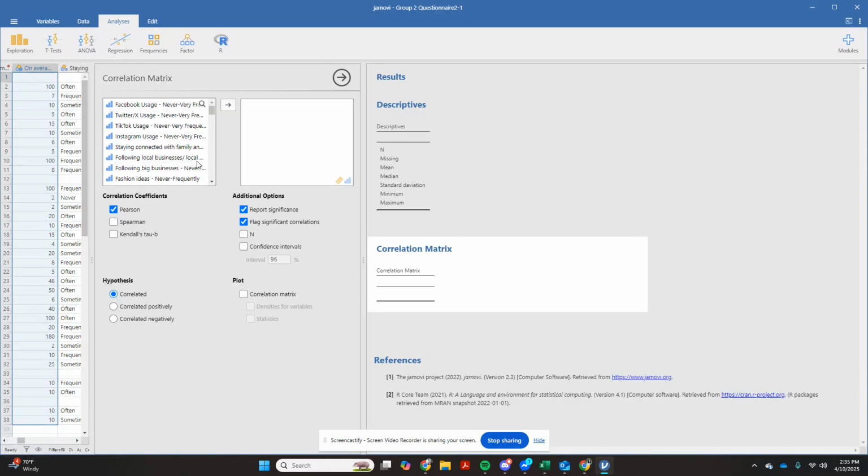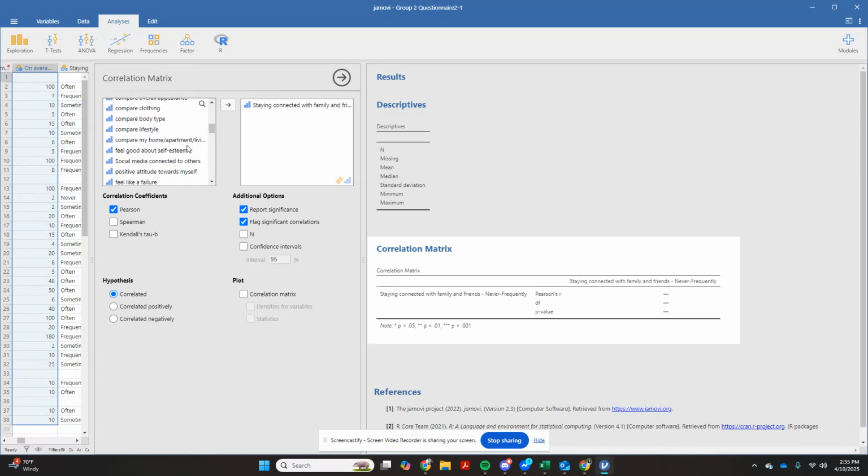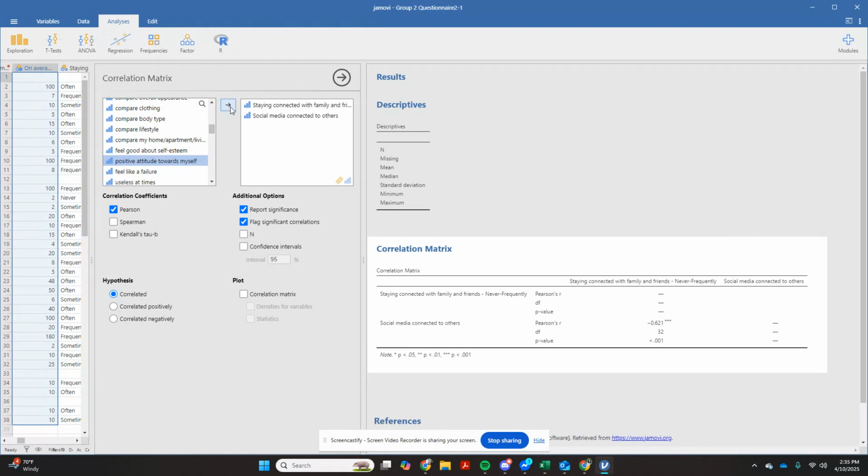So let's say we want to look at people who say they use social media to stay connected with friends and family, and those who say that in general they feel more connected to others with social media. We would expect these two to be correlated, and they are. You would need to explain what it means that it's a negative correlation. But we know that these two variables are correlated.